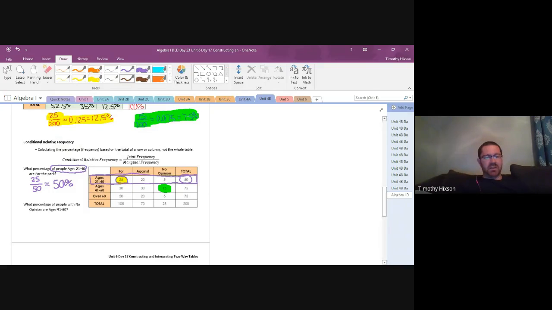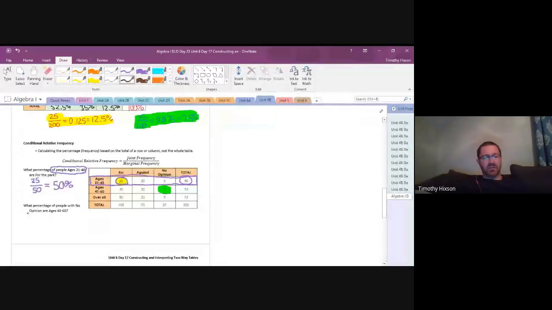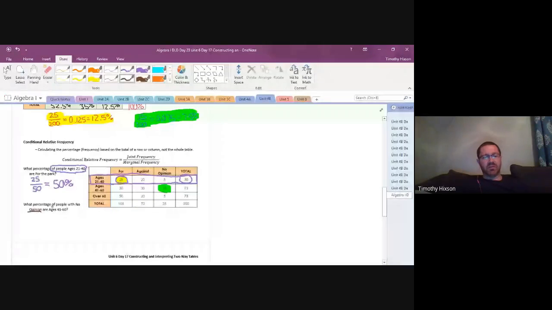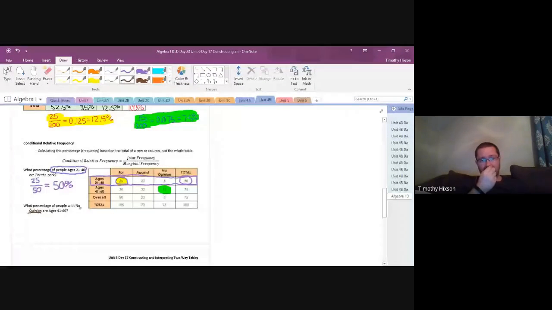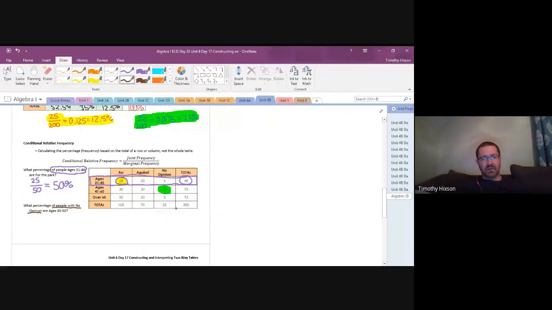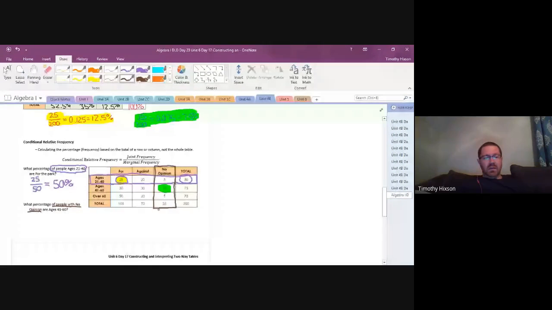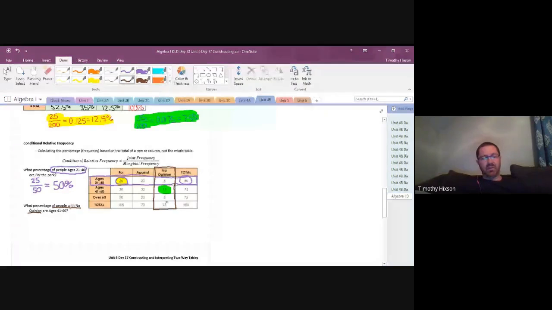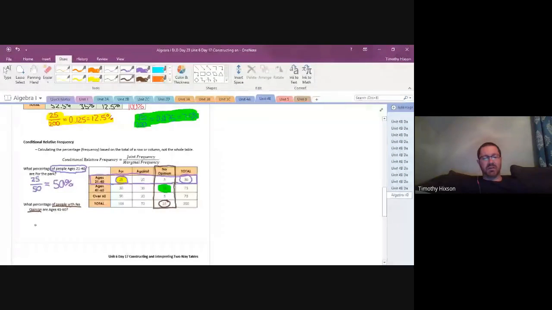Okay, what percentage of people with no opinion? So there is the group of people that we care about. Just this column right here. What percentage of those people are between the ages of 41 and 60? Well, how many of those people are there? Well, there are 25 of those people. That's our marginal frequency.